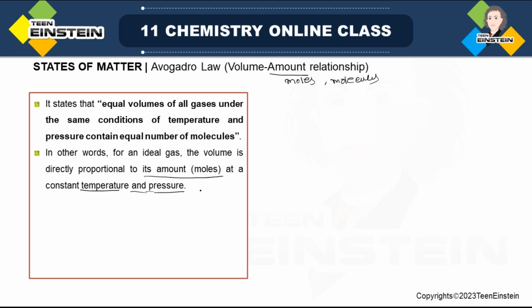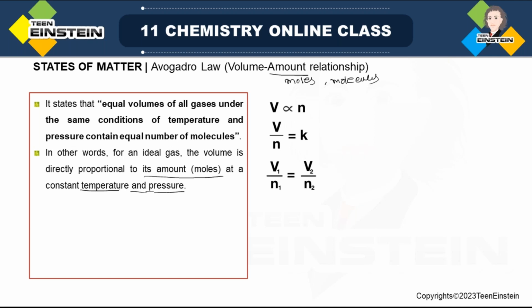We know that there are four properties basically: temperature, volume, pressure, and amount of gas, which may be in terms of moles or molecules. When there are four things and you are trying to find the relationship between any two, obviously the other two you have to fix. As here we are checking the relationship between volume and amount, you have to keep temperature and pressure fixed.